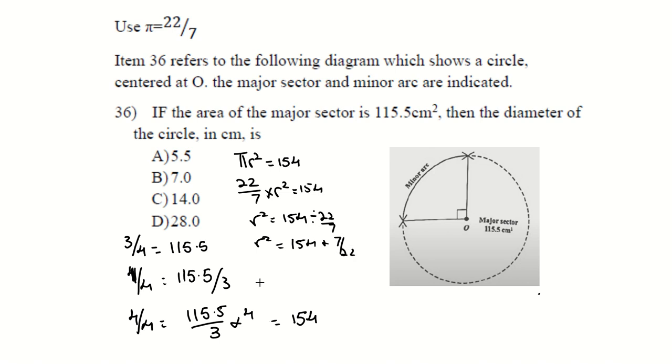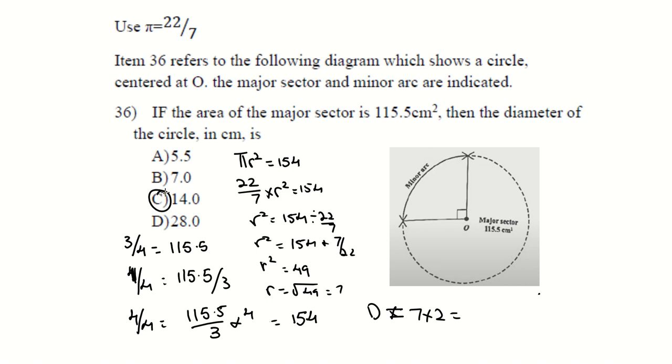Right? So r squared is equal to 49. When you divide it and everything, you'll get 49. So r is going to be the square root of 49, which is equal to 7. So my diameter is going to be equal to 7 multiplied by 2, which is equal to 14. So the answer is C.